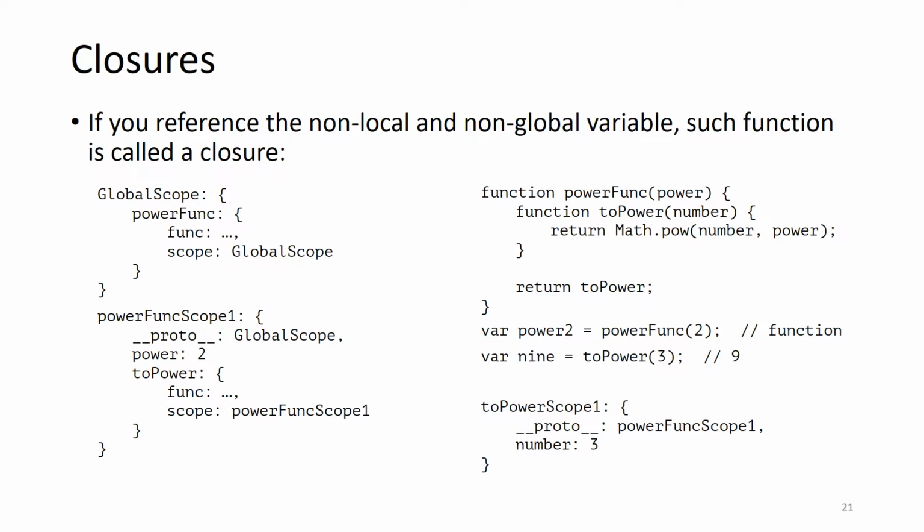So now when we look at this code, what it does, it just takes the number and takes it to the power. And the number is taken directly from this scope, but when we want to take the power, we don't see it here, so we go up the prototype chain and take the power from here. And then, if we now take 3 to the power 2, we get 9.